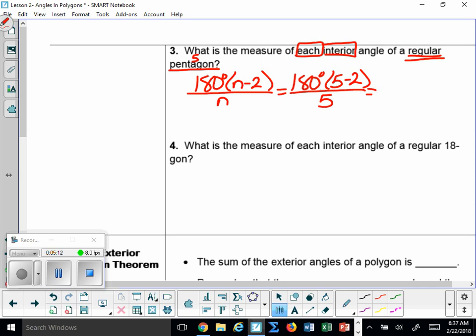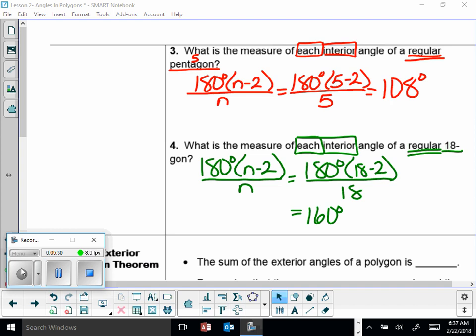Again, we're going to put that in our calculator. I think we get 540 divided by 5, 108 degrees. All right, pause your video for a moment and try number 4 on your own.